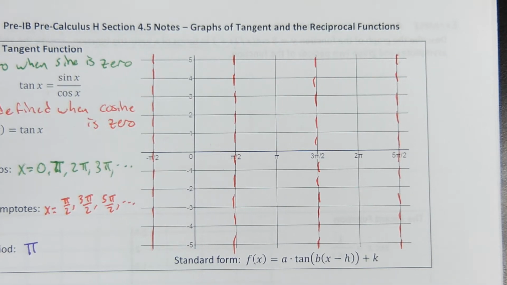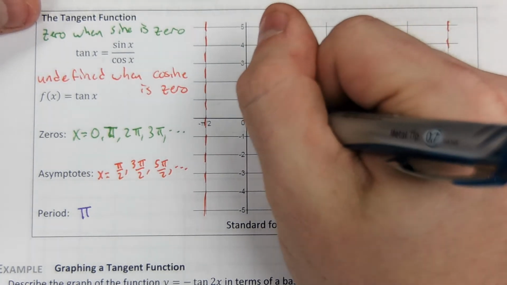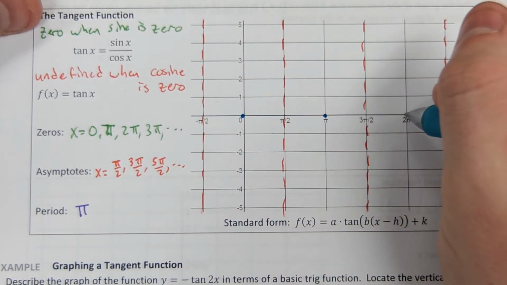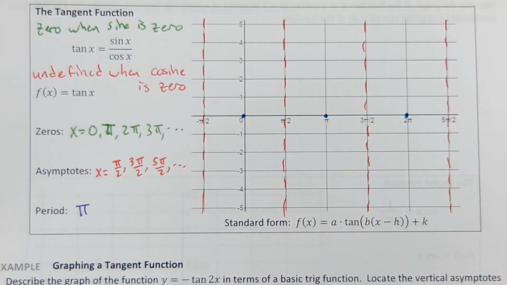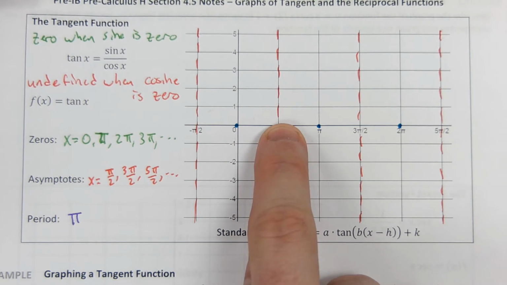And zeros at all of the integer multiples of pi. Quadrant 1 is from 0 to pi over 2. In quadrant 1, tangent is positive. So from here to here, all of my y values have to be positive.